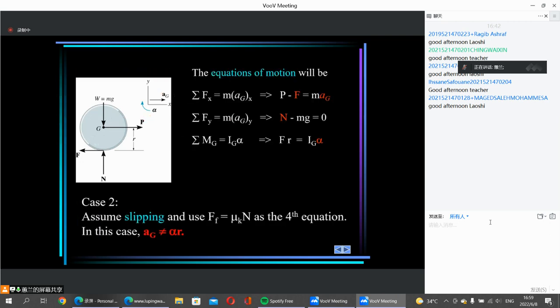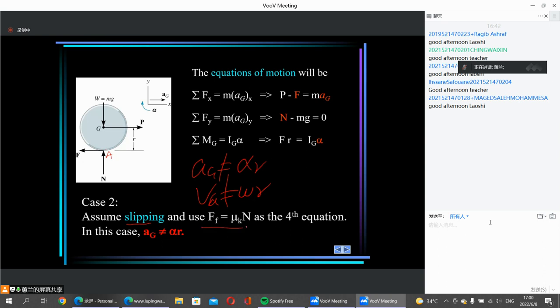If the disk is rolling with slipping, this time never use Vg equal to omega R, because the contact point A is not the IC anymore; because it's slipping, it has velocity.